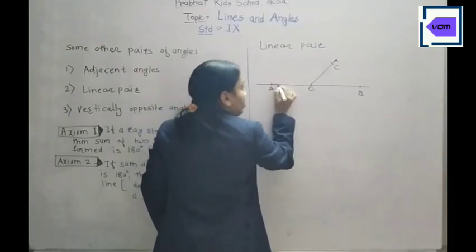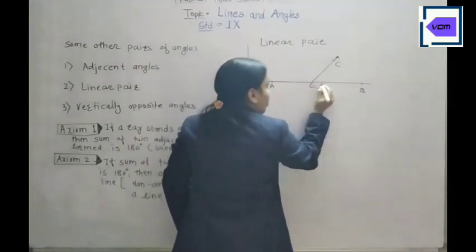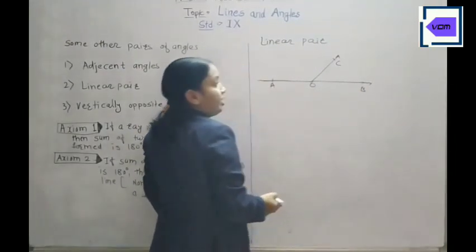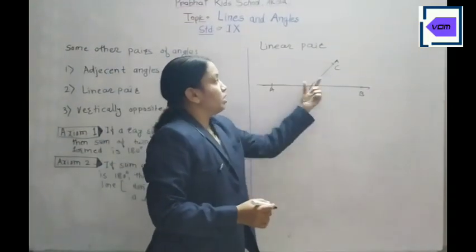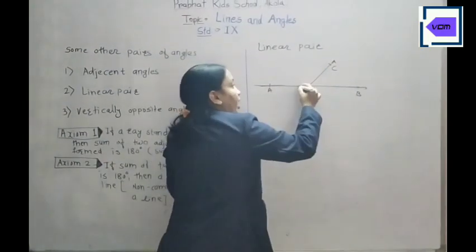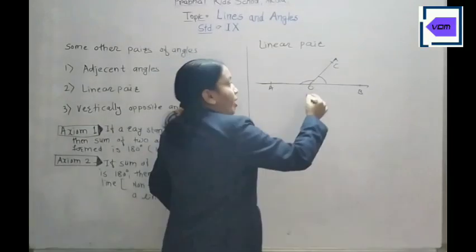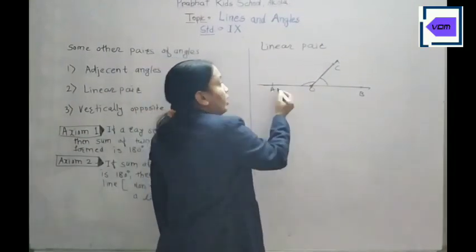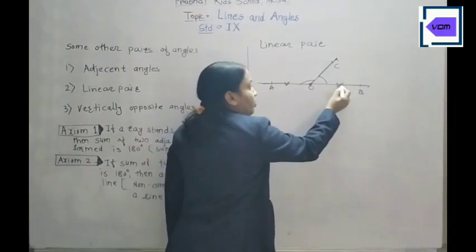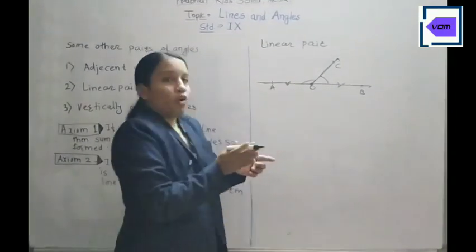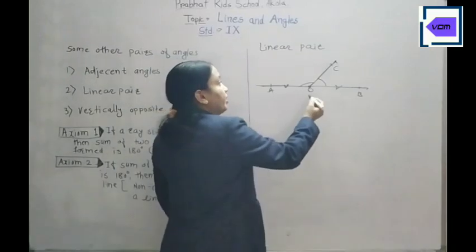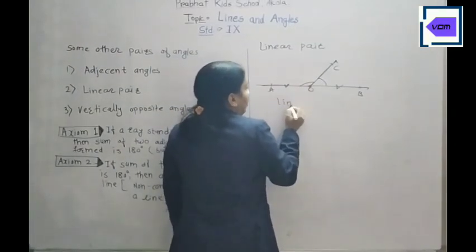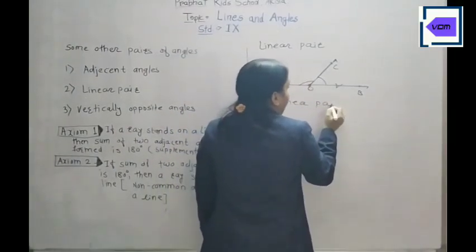Now if you observe, these two non-common arms form a straight line. AOC and COB are adjacent angles having common OC and common vertex O, but the non-common arms OA and OB form a straight line. At that time this is called the linear pair.